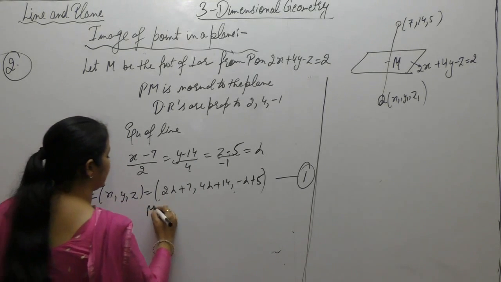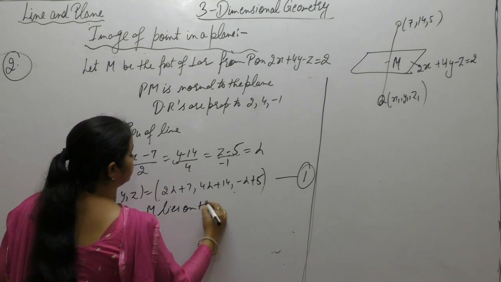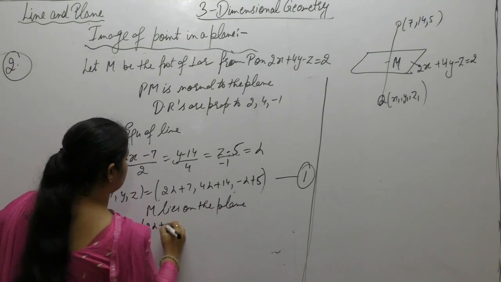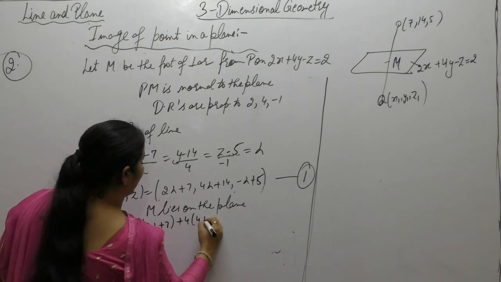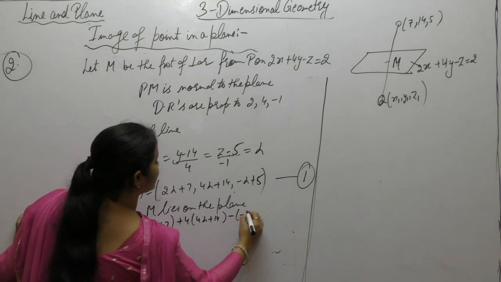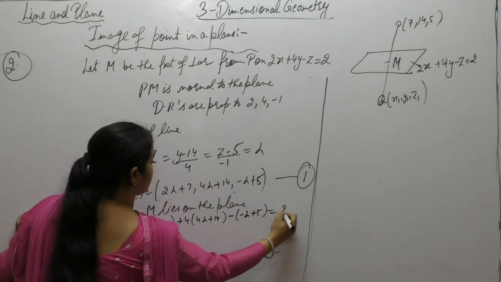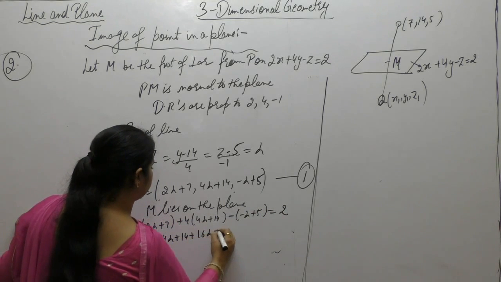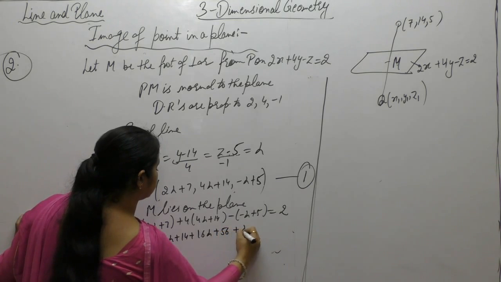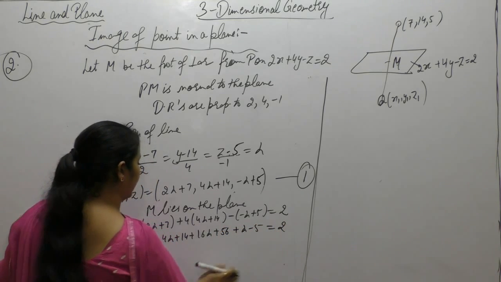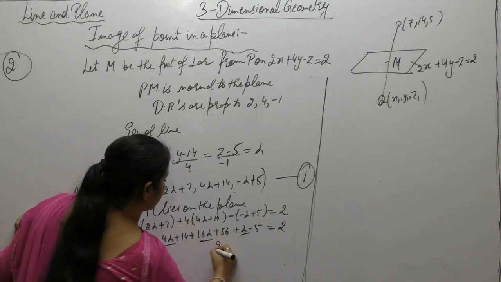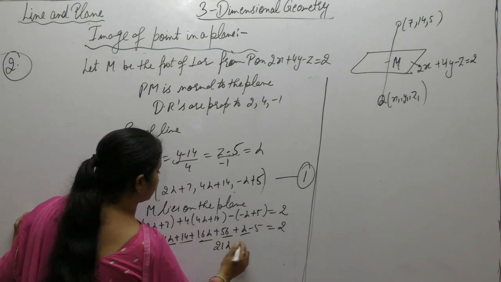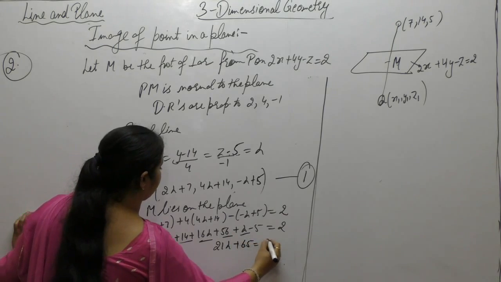Now M lies on the plane. So put these values in the plane: 2 into x plus 4 into y minus z equals 2. So what do we get? 16 plus 5, 21 lambda, 70 minus 5, 65.